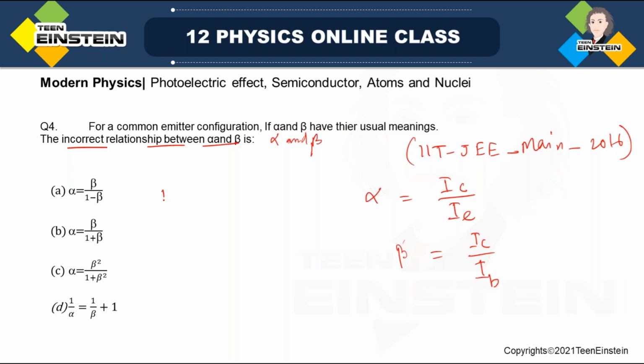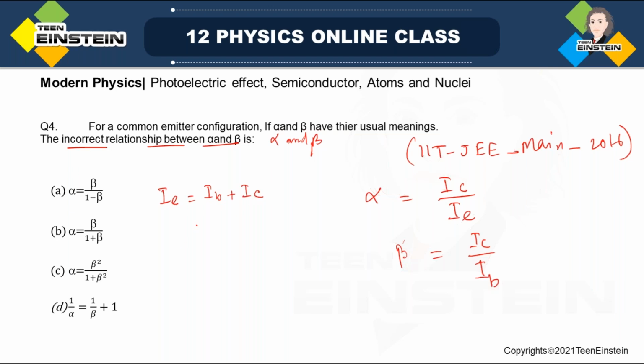So you look, I can write IE is equal to IB plus IC. This I can write, isn't it? Because whatever charge carriers are supplied by the emitter region are producing two currents, IB and IC.